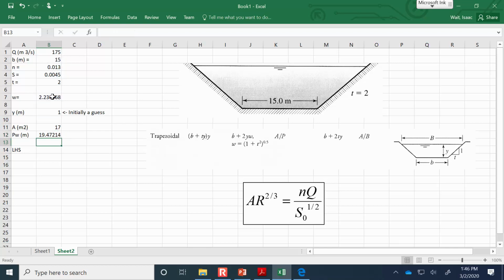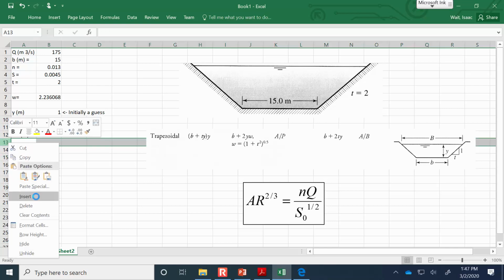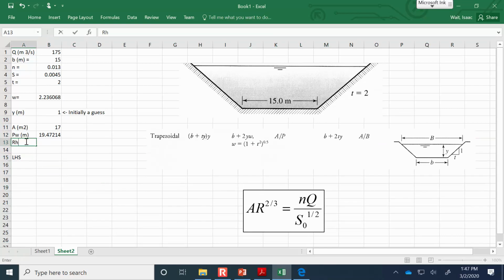Okay. So the left-hand side of the equation is going to be the area multiplied by, the hydraulic radius is the last thing that we need. So hydraulic radius is the area divided by the wetted perimeter. All right.